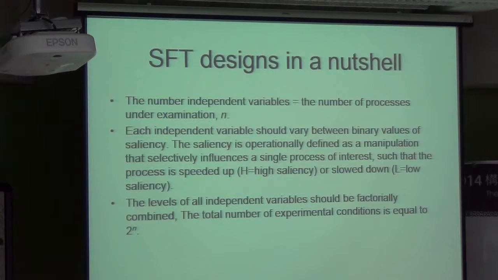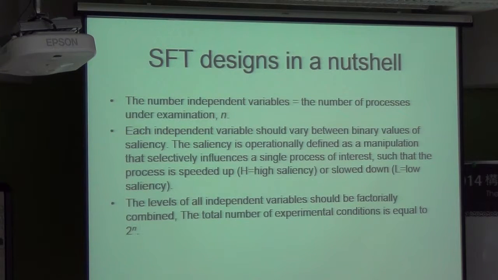So you have the eye separation feature manipulated at low and high saliency levels, and you have the other feature, let's say nose to mouth difference, that is also manipulated at a low and high level. So this is a factorial manipulation. That's why the name is systems factorial technology. The total count now is 2 to the n.